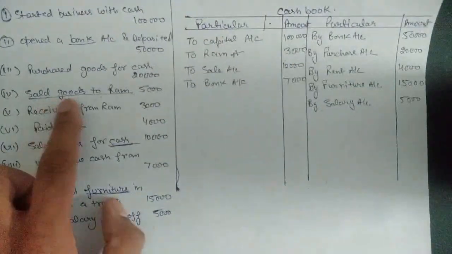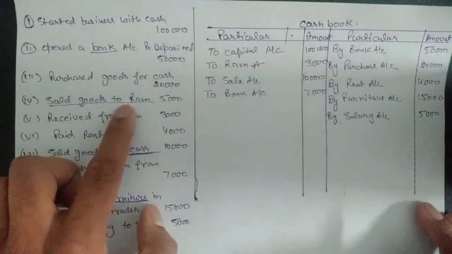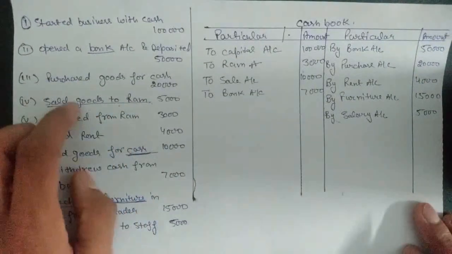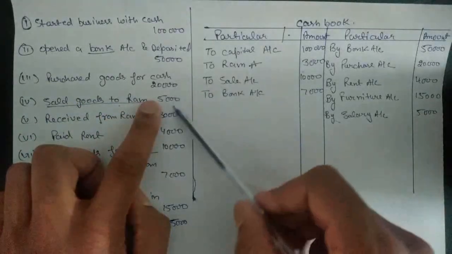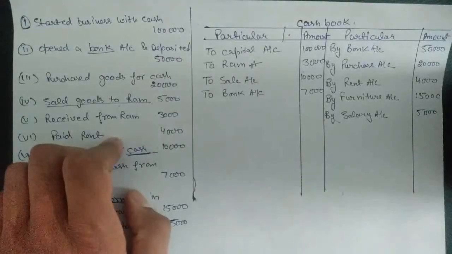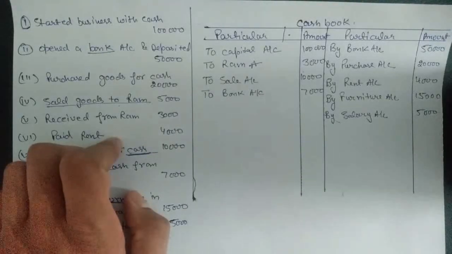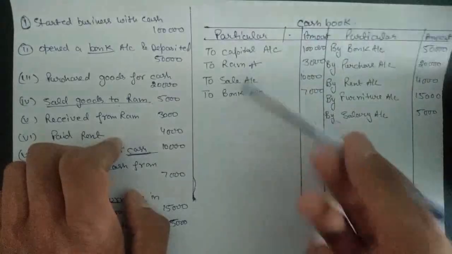Next thing is sold goods to Ram. As I told, we will record only cash entries in cash book, not credit transaction. So this is a credit transaction to Ram, so we will not record it. Next thing is received from Ram. As I told, if we are receiving money from someone, it means an inflow of the cash in the business. So there is an inflow of 3,000 in the business from Ram.